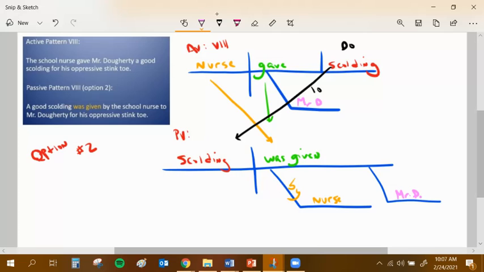Before, in the original pattern 8, active voice 8, I don't have to have that word to. I'm going to go ahead and put it here in parentheses, because I'm saying the nurse gave a scolding to Mr. Doherty, but the word to is really missing in the original sentence because it's a pattern 8 where the word is actually understood. In a passive 8, if you decide to move the direct object, you're going to have to put the word to in your diagram.